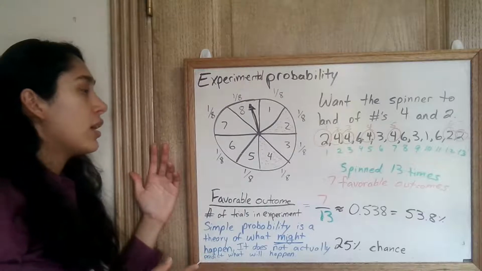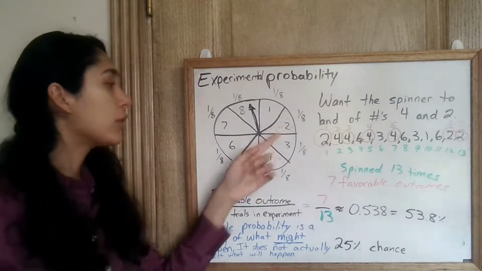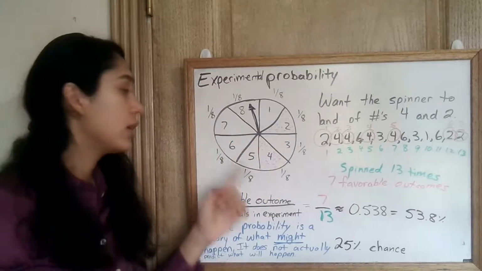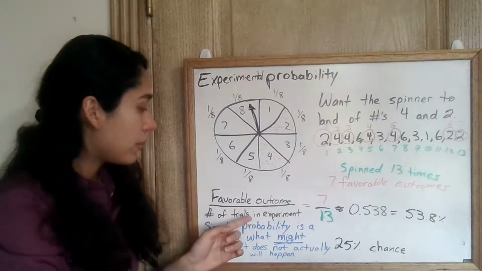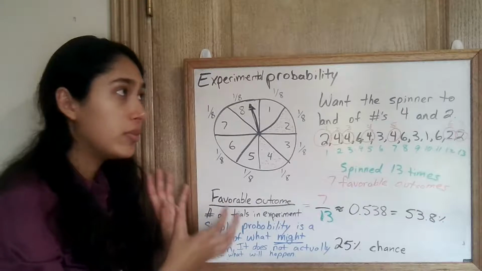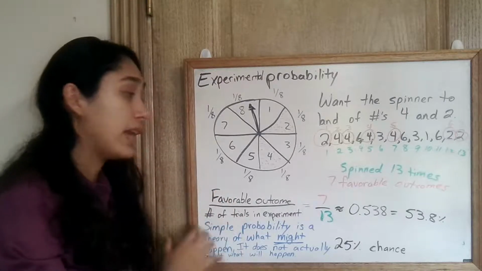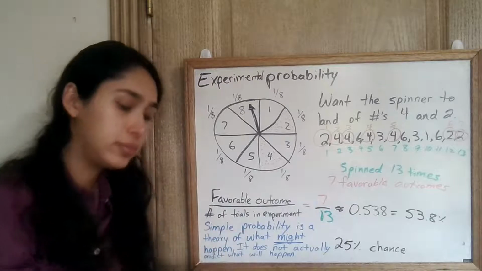So let's say that I wanted to get more favorable outcomes, I could get more numbers, and that would increase my favorable outcome options, and I could overall increase the probability of it happening, both in real life and also according to theory.